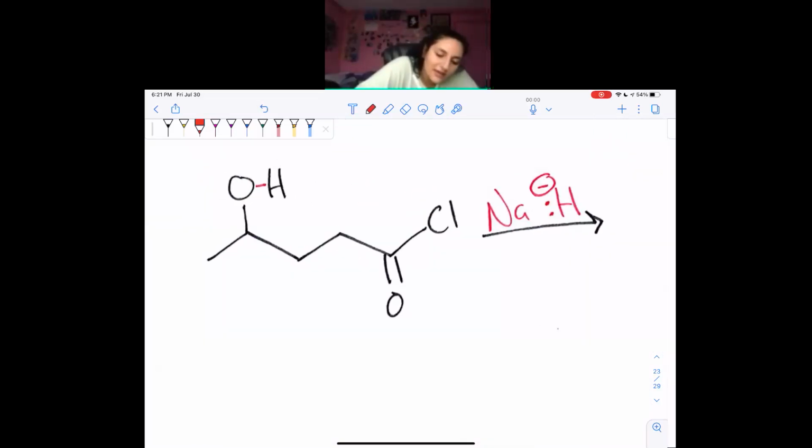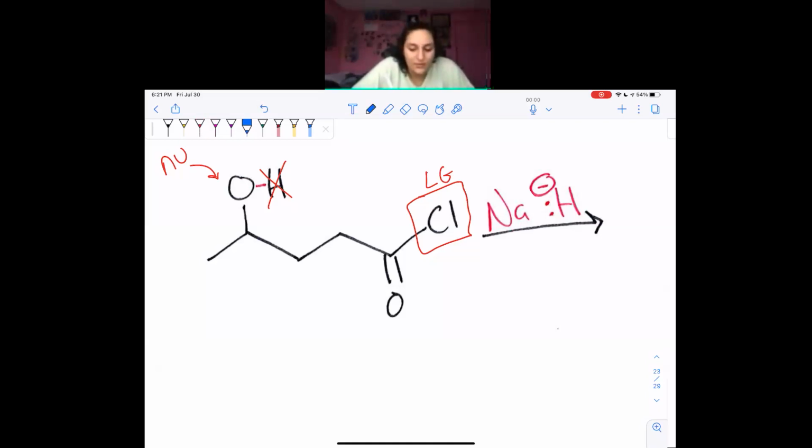So this is our nucleophile. We get rid of that hydrogen, and we know this is our leaving group. The important part here is to count your carbons. So 1, 2, 3, 4. And oxygen is going to be in the ring, so I'm going to say 5.